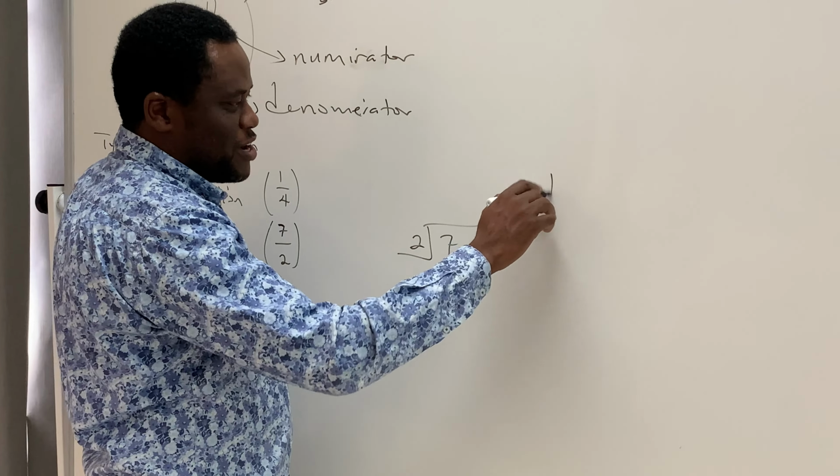So we multiply. We have 6, minus, and we have 1. So this is the remainder. So we have 3 whole number 1 over 2. And this is called a mixed number.